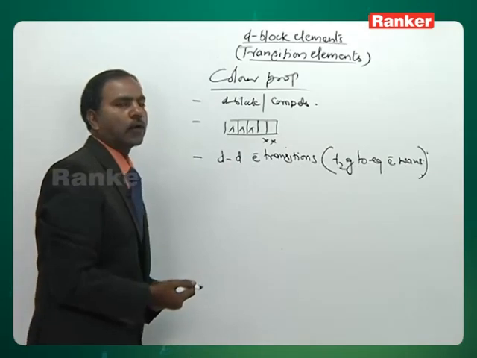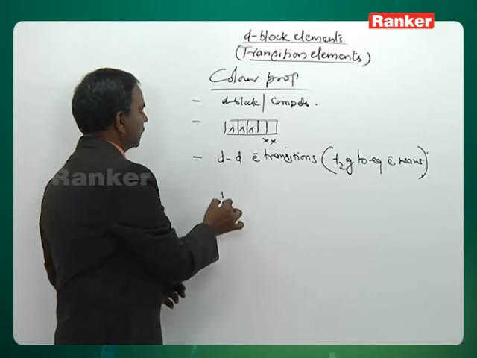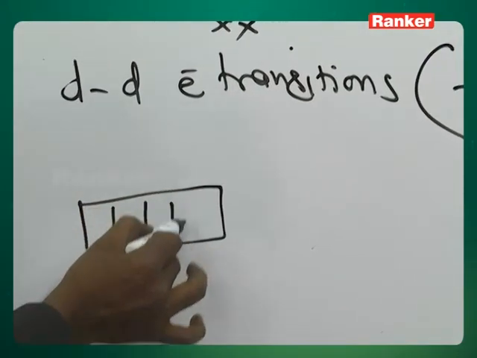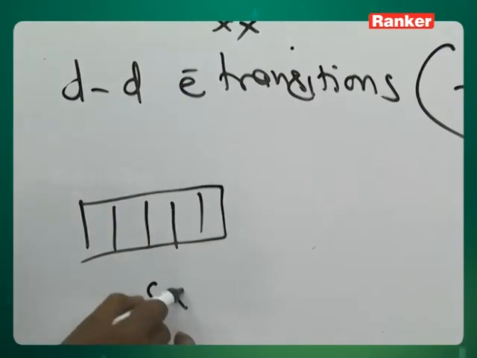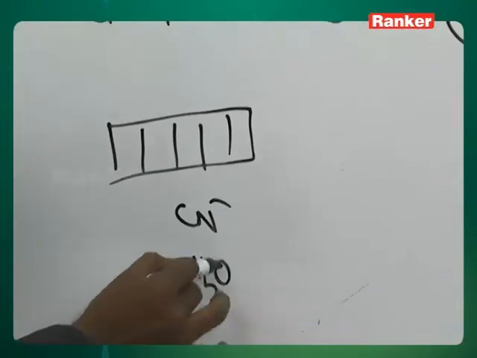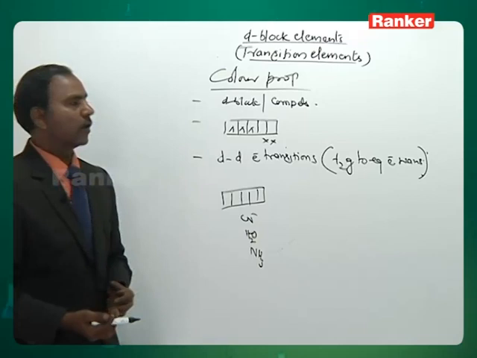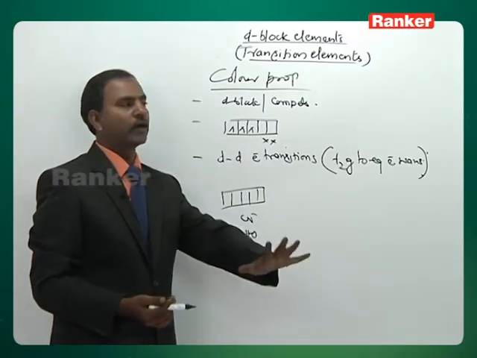According to crystal field theory, you might be knowing the 5 d orbitals, under the influence of any ligand, consider CN minus, an aqua ligand, an amine ligand, you can take any ligand, split into different energy levels.